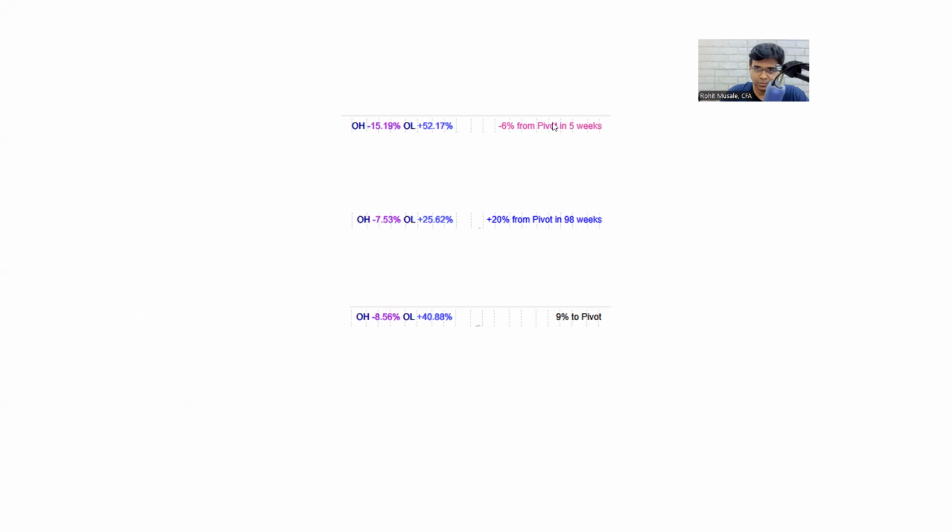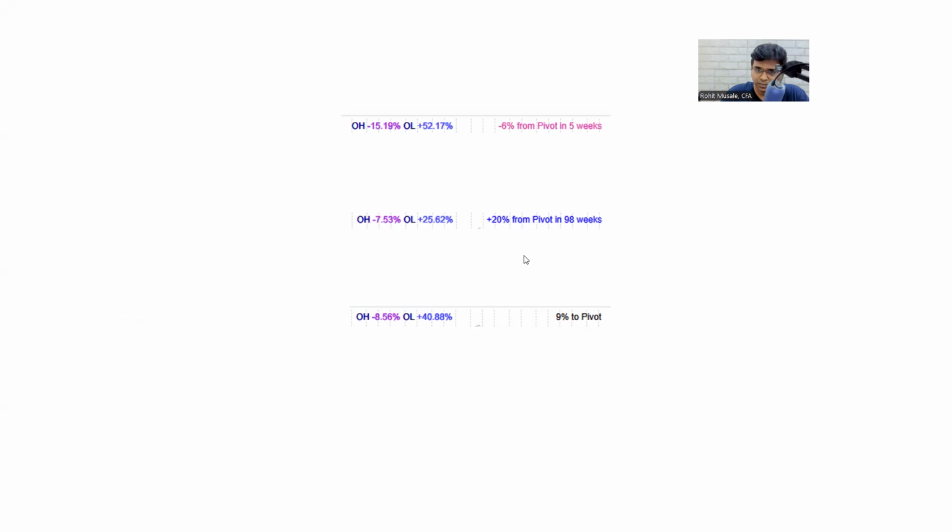Let's try to understand what this is. It says minus 6% from pivot in 5 weeks. Which means the stock has probably touched the pivot inside the base, and after touching the pivot or trading near that zone, it started to fall. And now, after 5 weeks, it is trading 6% below the pivot point.